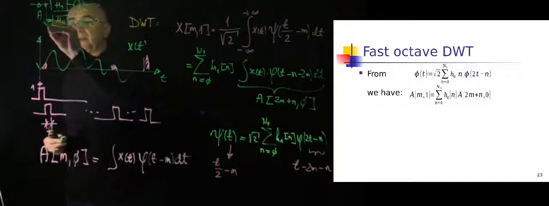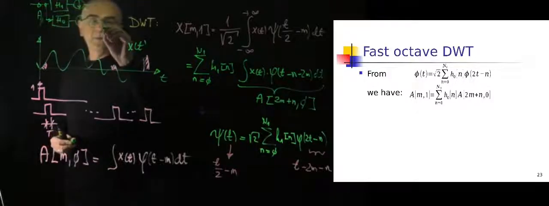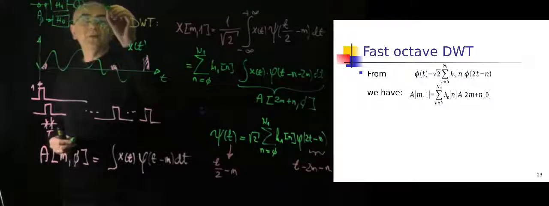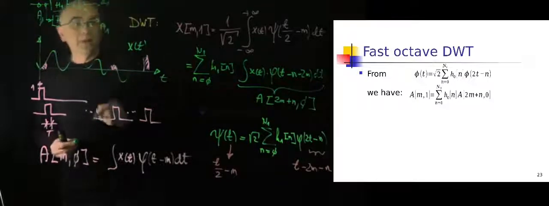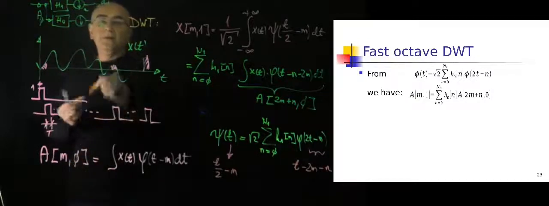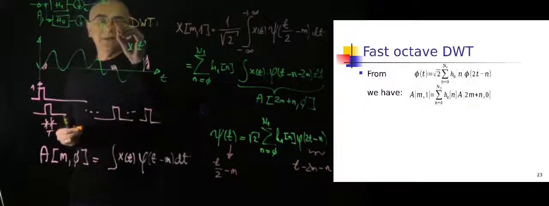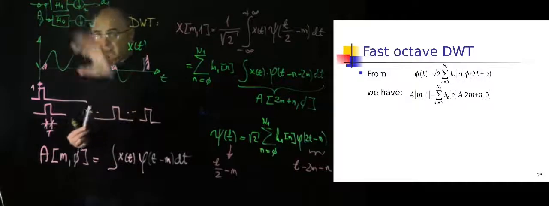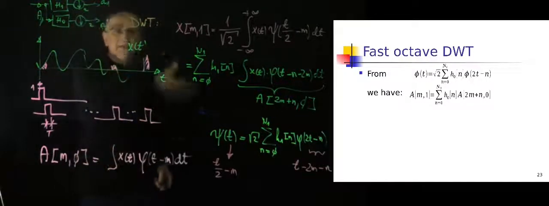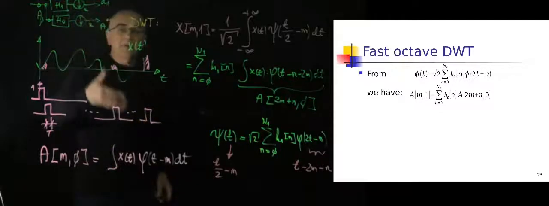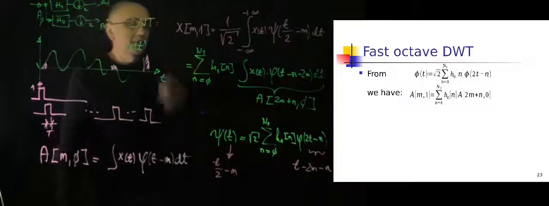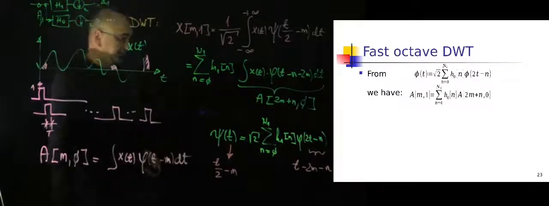If this was scale 0, here we are going to have scale 1, and this corresponds to wavelets at the level 1. And now we can go on and on. We can continue our analysis right here. We can use the same filters right here to calculate the next approximation coefficients and the next level of the wavelet coefficients.